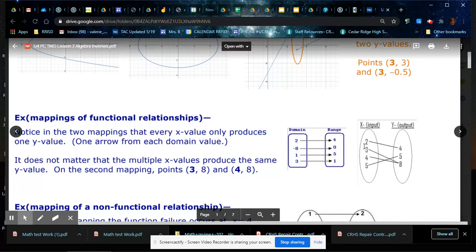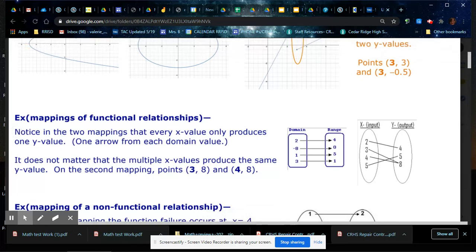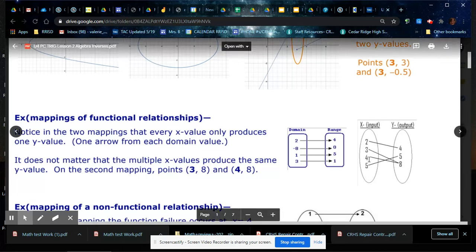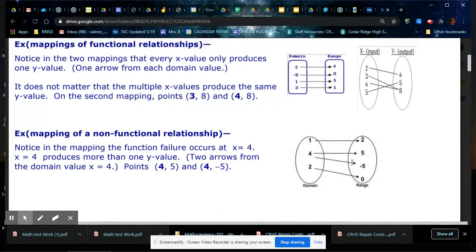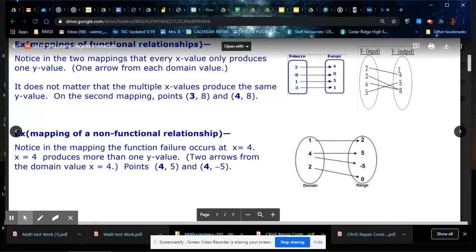So you can make different x's go to the same y, that's okay, all right? But every x has one y. Here, this x has two different values, so that is an example of a non-function. Okay, so each x has a unique y, just one arrow coming off of it.